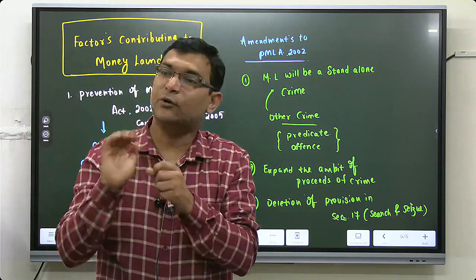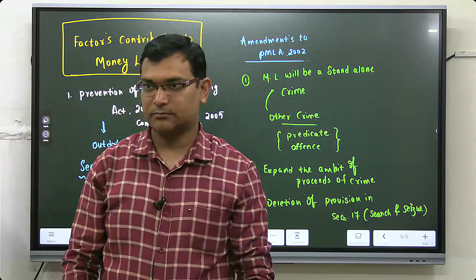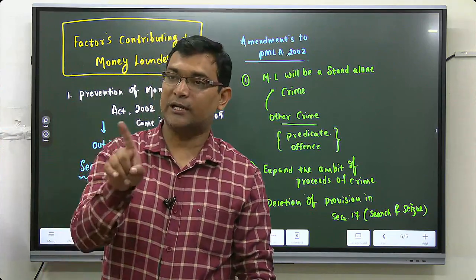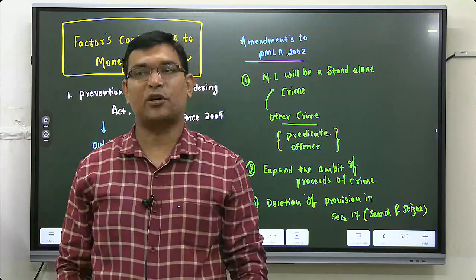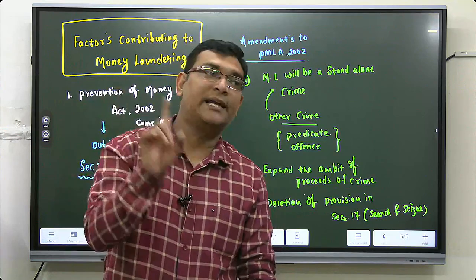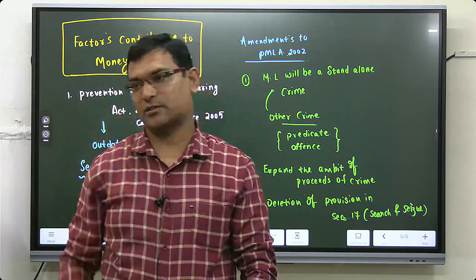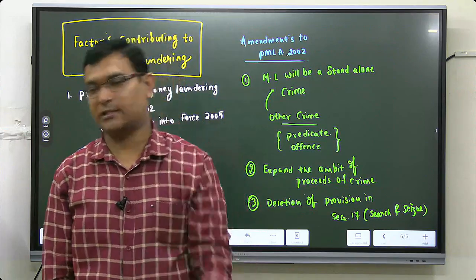Only by showing this FIR could they enter your house. That means, sir, you have violated money laundering laws, this is the FIR lodged, and based on that we are searching your house. Now this has been cancelled. Without any warrants, the ED officers can enter your house and search a person also. Is it clear? Write that provision.